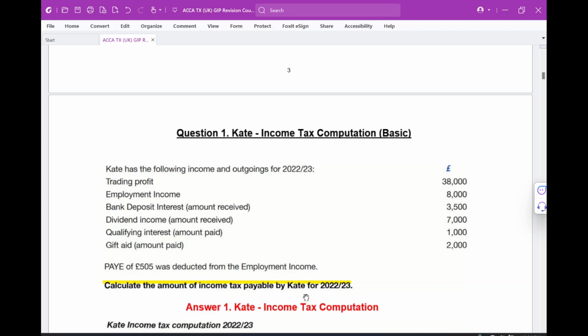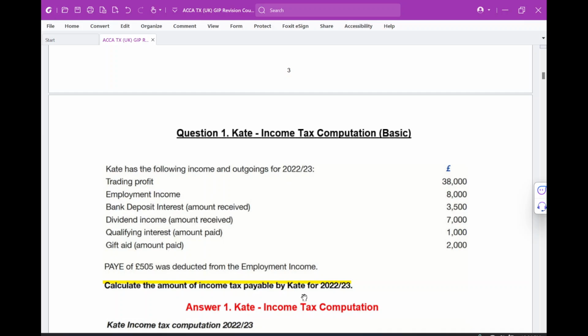Then we may have some deductions, for example, a personal allowance. And then we come to the section where we apply the relevant tax rates across each of the forms of income. And then outside of that, the very last part would be, as mentioned, the tax credits area. So broadly speaking, we're talking about 4 main areas.